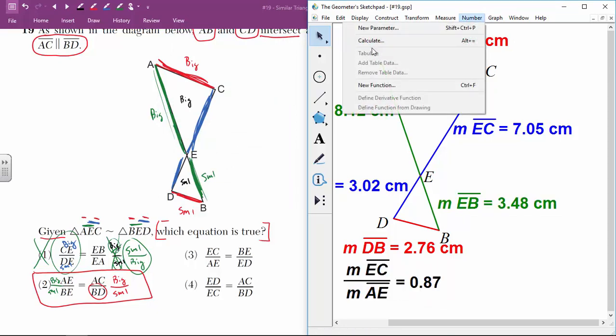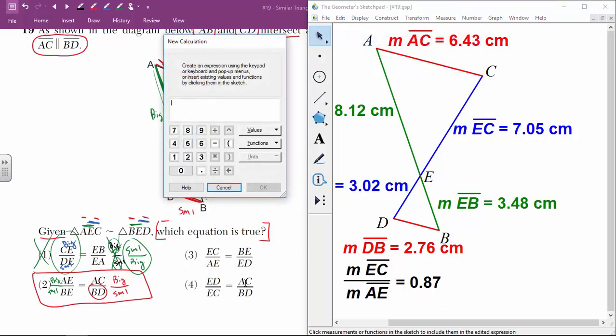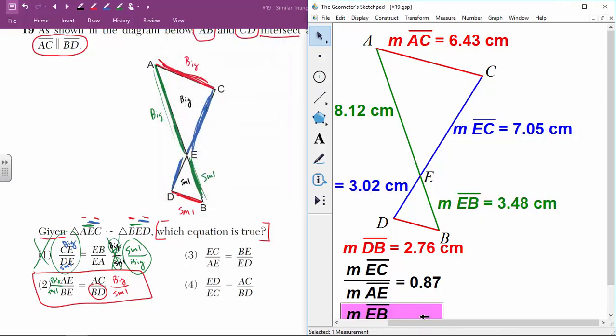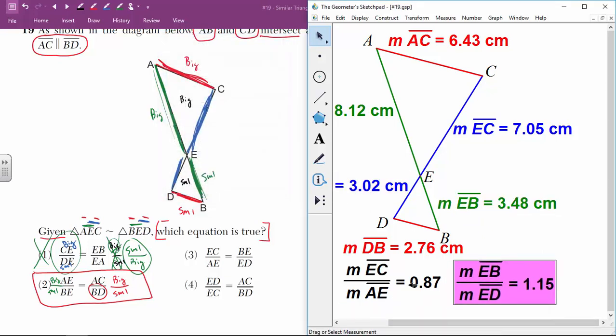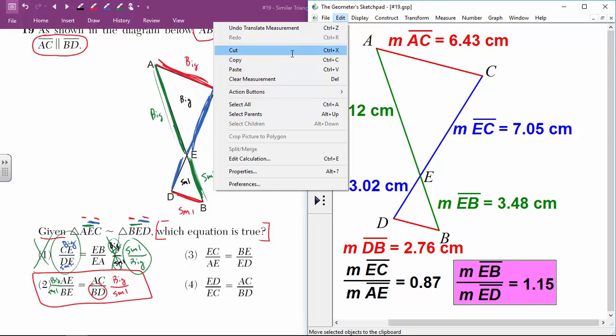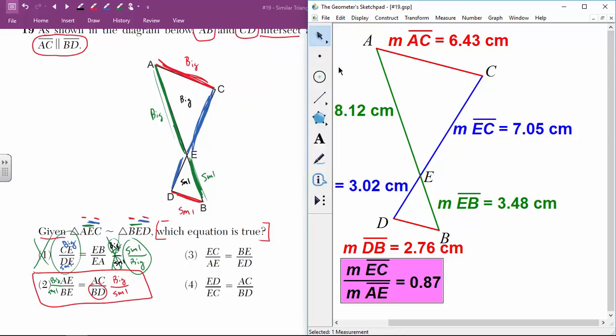Oh, I see why. We're going to do BE, this, divided by ED. And you can see the values we get are different. Those things are not equivalent ratios. That's why 3 would be wrong. And if you were to go through and check out number 4, you'd find it's the same thing.